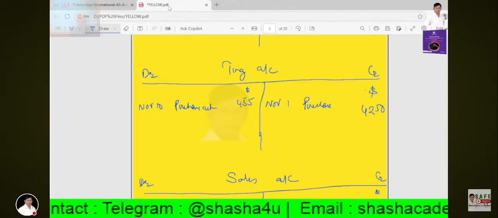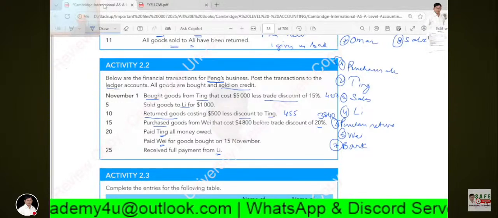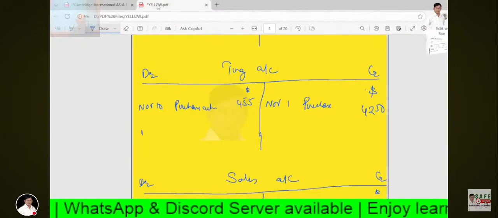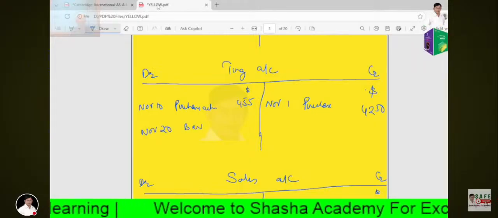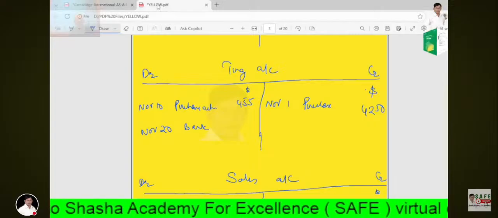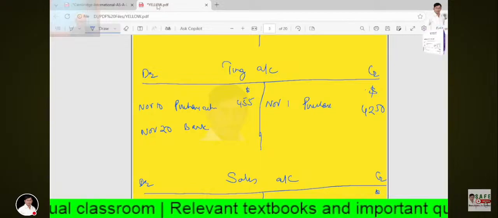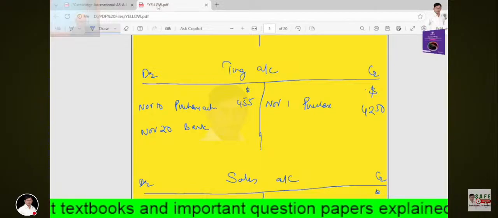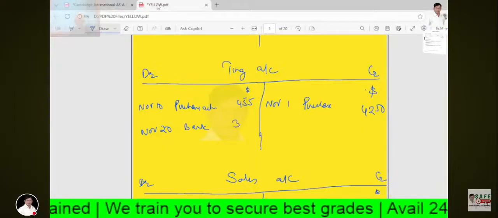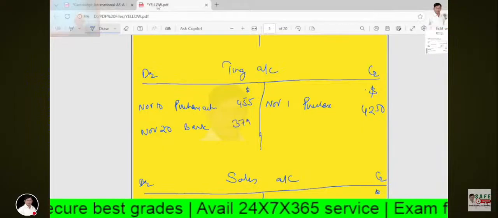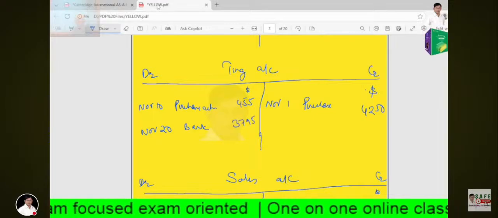Obviously the balance. We paid on November 20, through bank. How much? 4250 minus 455. So it is 3795. So we have paid 3795 to Tinge.